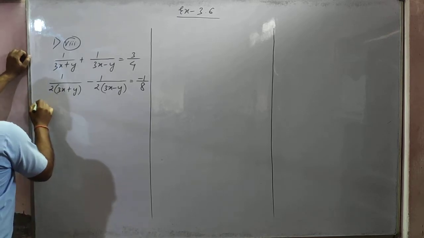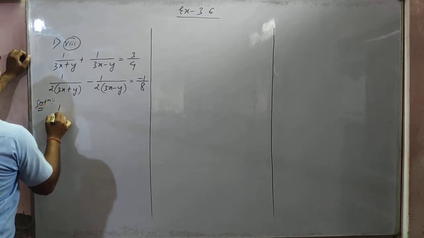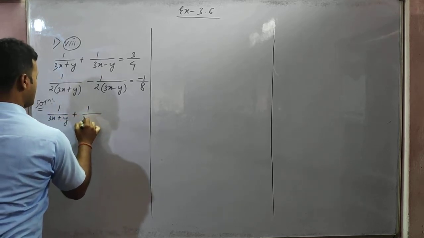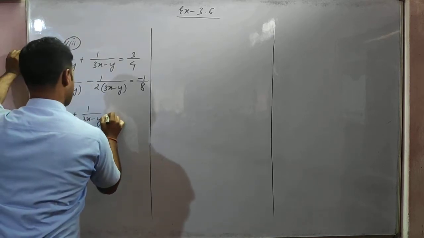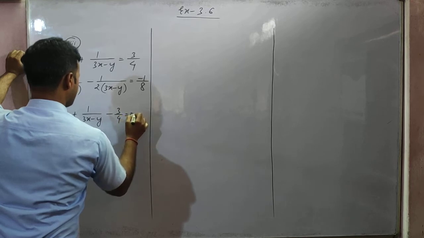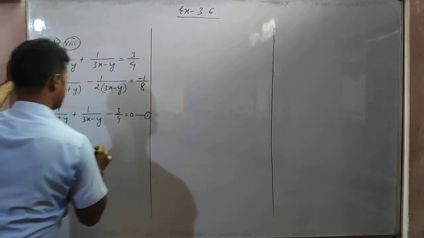So 1 by 3x plus y plus 1 by 3x minus y minus 3 by 4 is equal to 0, marking number 1.